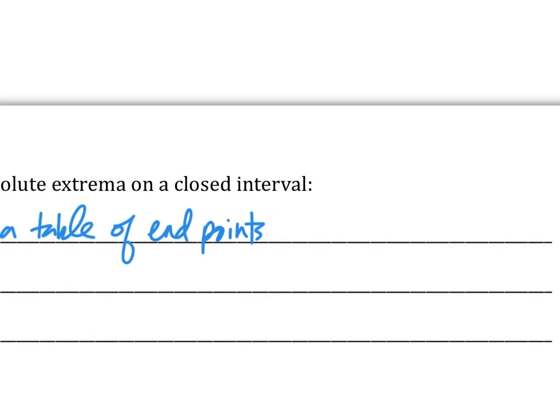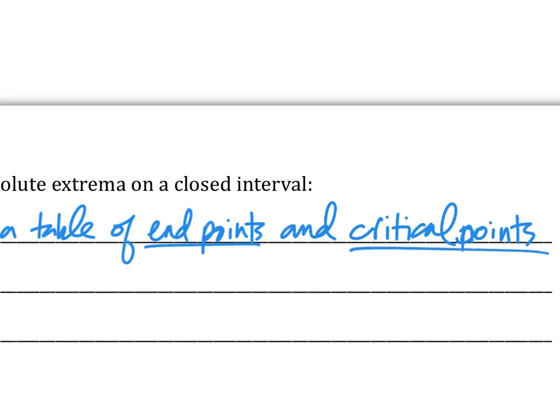So we're going to check the endpoints and the critical points, right? Because critical points tell me that there is possibly a maximum or minimum there. So they are candidates for absolute maximum or minimum. So we want to put a table with endpoints and critical points.